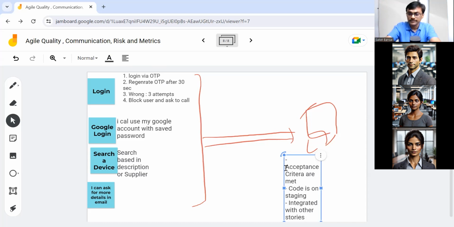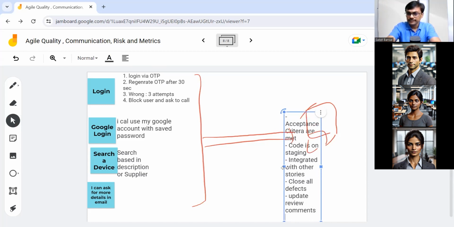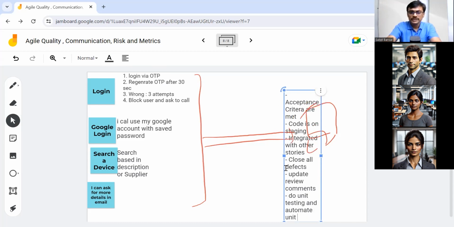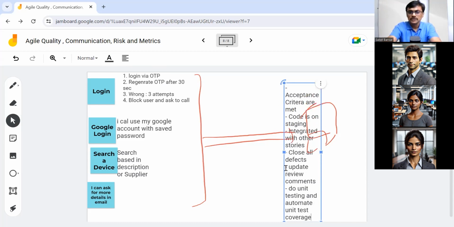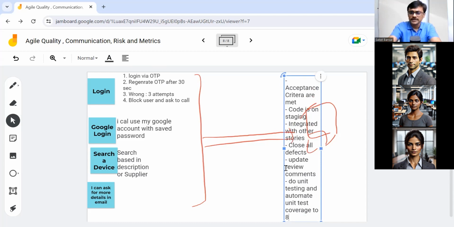That is not going to work. You need to close all defects, no open defects. Update review comments. Do unit testing and automate, unit test coverage at 80% plus. These are your definition of done.